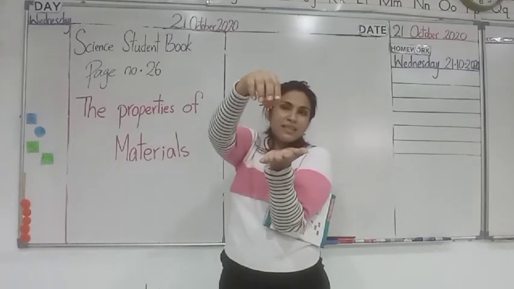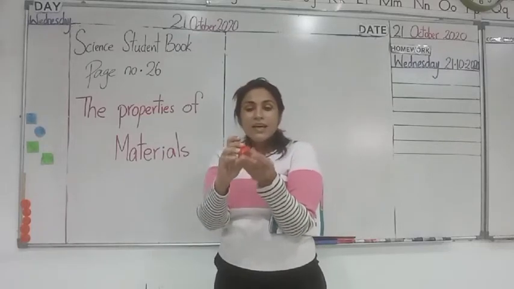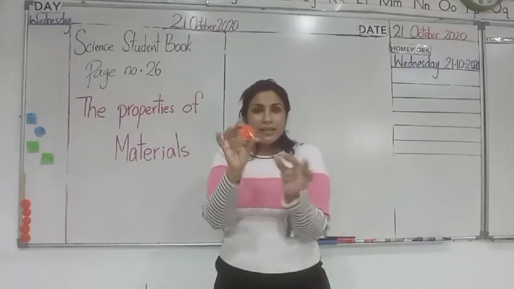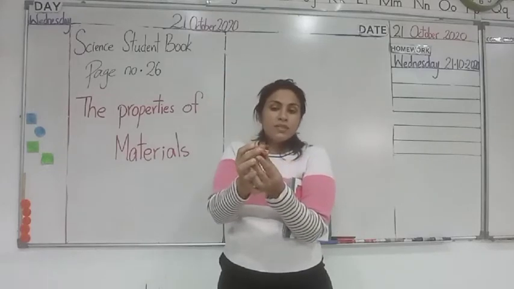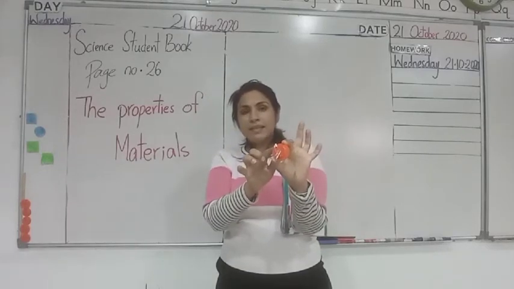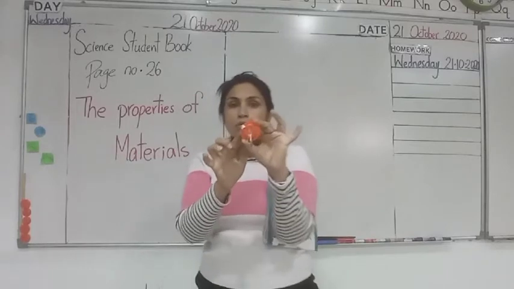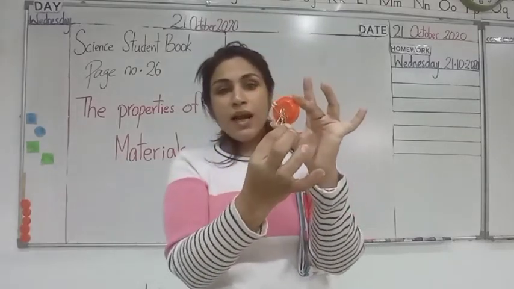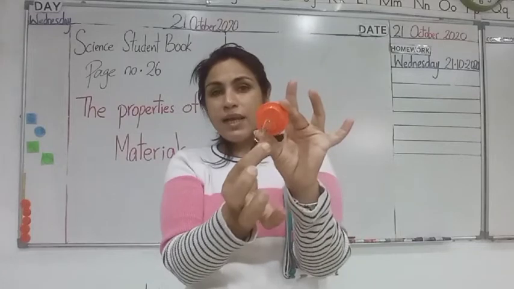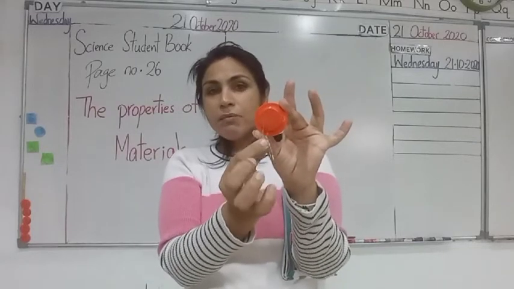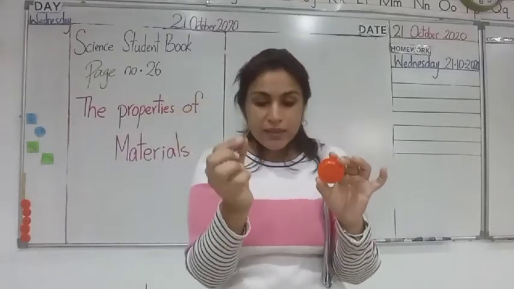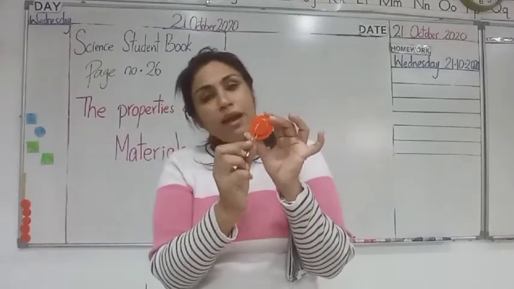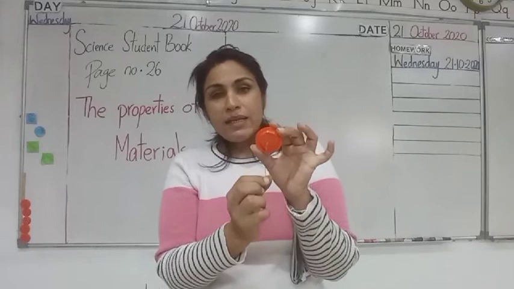It's attracting, it's getting stuck to the magnet. I'm not holding on to the pins or the safety pin, I'm just holding the magnet, and the magnet is holding the pins. You see, I'm trying to pull it, I'm separating them, but it's pulling it back. It's hanging because this is metal, and metal gets attracted to magnet.